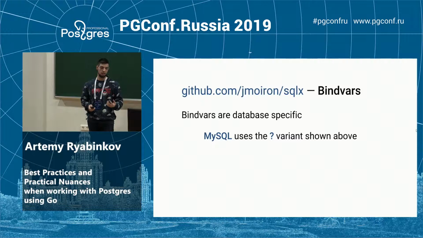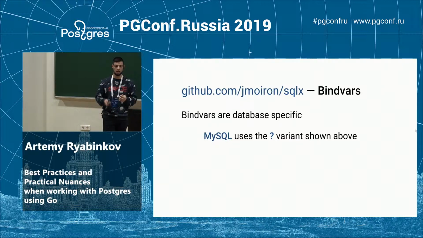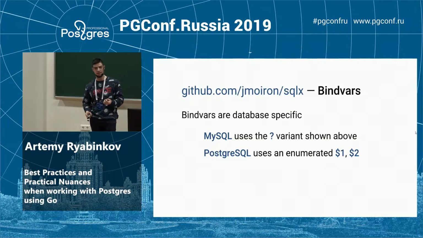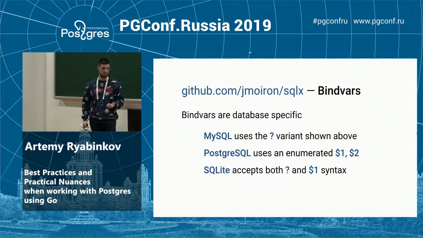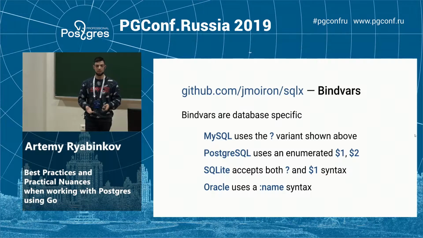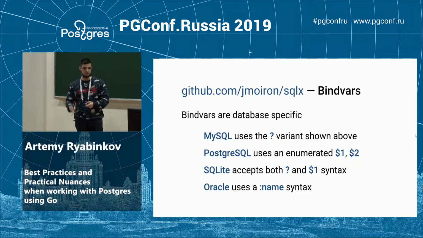Apart from that, it allows us to detect placeholders. What do I mean? When we work with SQL queries in Go, every time we need to know what placeholder we will use for what specific parameter. For example, if we use MySQL, we need to put a question mark. If Postgres, we need to use the dollar mark. SQLite, we use both syntaxes, and if we use Oracle, we use named syntax. It's not convenient because we have to think about it every time.